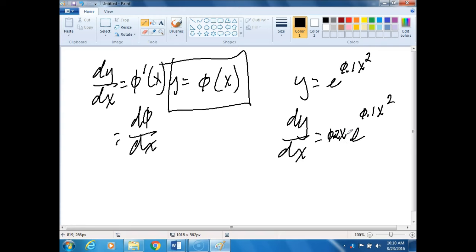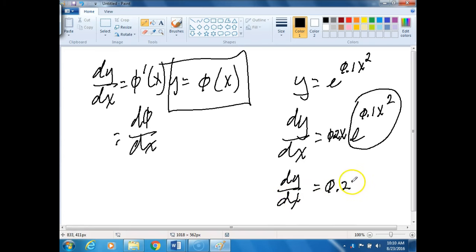Here's something else they're going to do. Notice what this part is here. That is your y, isn't it? So you could have also written this differential equation as dy/dx is equal to 0.2x y. There's a differential equation. Okay?